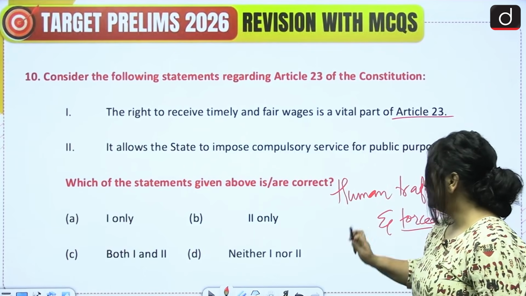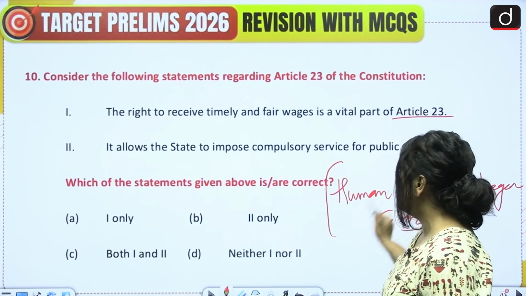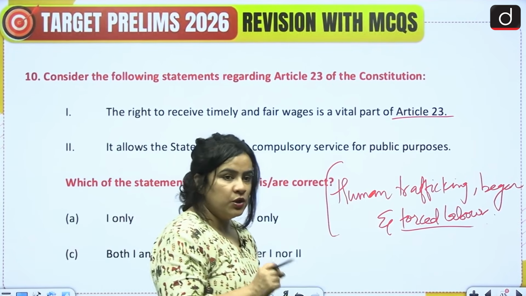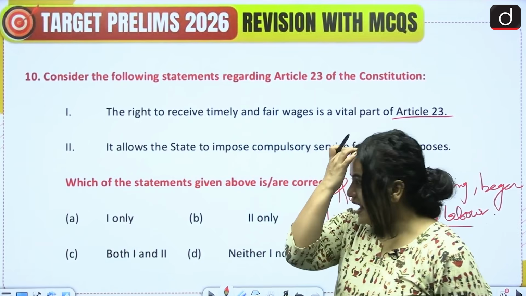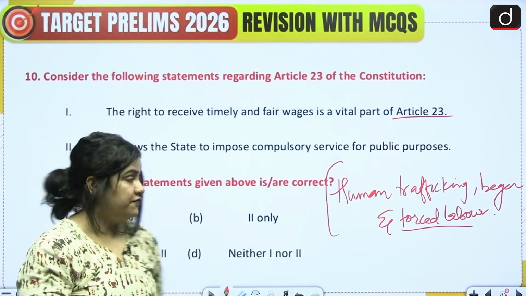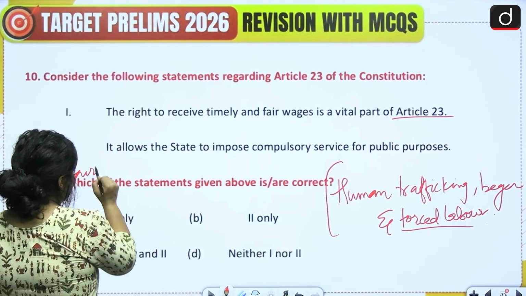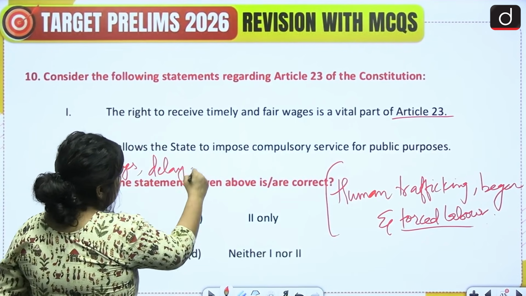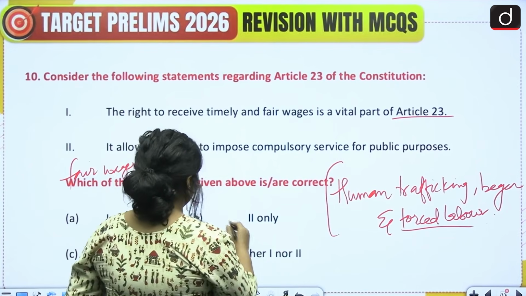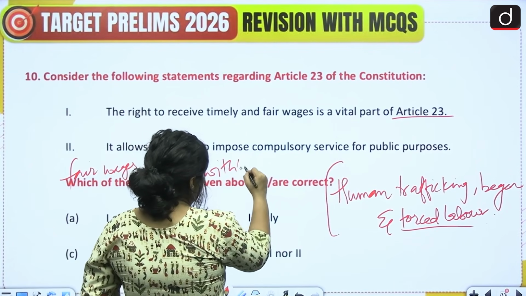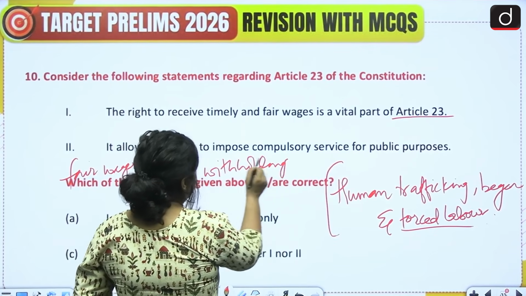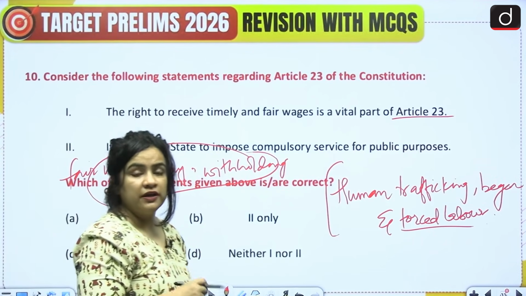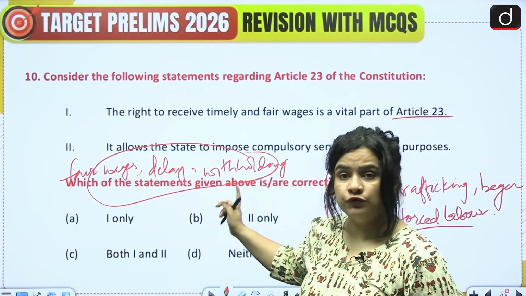But the judiciary has expanded the scope of Article 23 and has also included any kind of work, any kind of labor that is done in which fair wages are not paid, or there is a delay in the payment of wages, or there is withholding of wages. Because when all these three things are done, then there is a sort of coercion involved, and coercion is leading to forced labor.